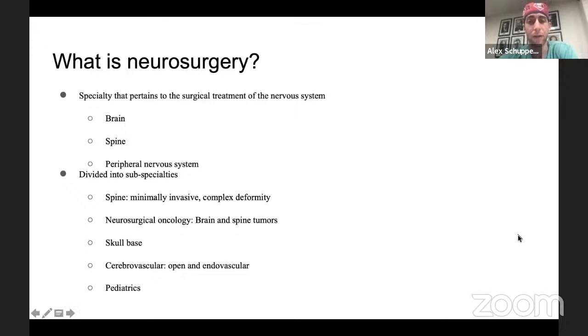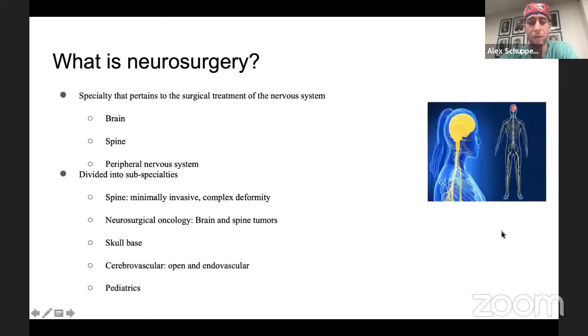Skull-based surgery involves intervening on diseases such as pituitary lesions, pituitary tumors, vestibular schwannomas, any lesion of the skull base. Cerebrovascular is a major field in neurosurgery, and includes management of stroke, aneurysm, and AVMs. And then pediatrics, as I mentioned, is another big specialty.